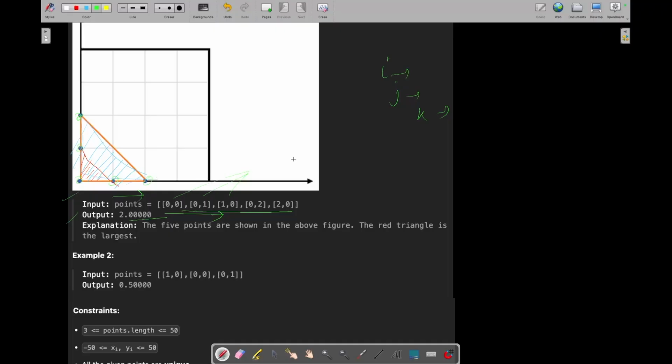Basically you are picking each point one by one and calculating for every combination, right? So at every combination you will try to maximize your area. But how will you calculate the area, because you have been given only the coordinates.